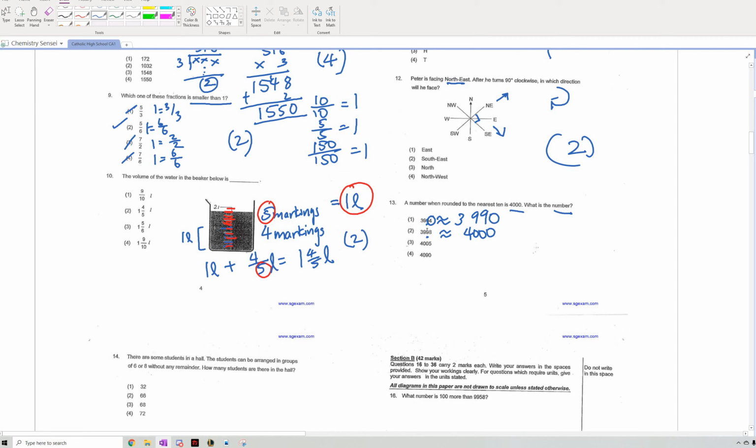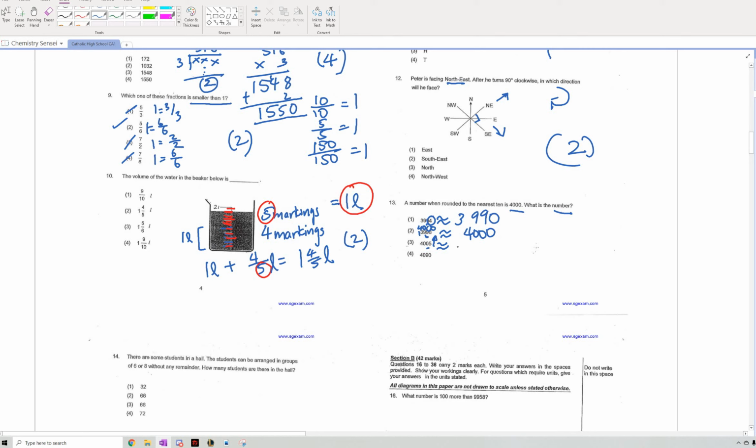When we round up, this number 9 will become 10, so we have a 0. So we add a 1 over here, so 1 plus 9 is 10, so we have another 0 over here, and we add a 1 over here. So 1 plus 3 is 4. So we will get the number 4000. Option 3, 4005. When rounded to the nearest 10, as 5 is greater than or equal to 5, we round up.